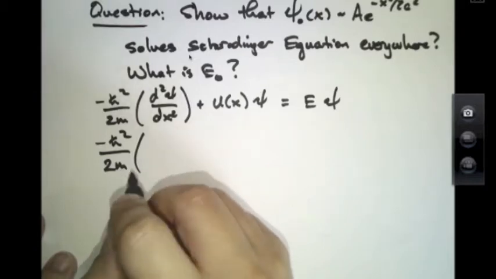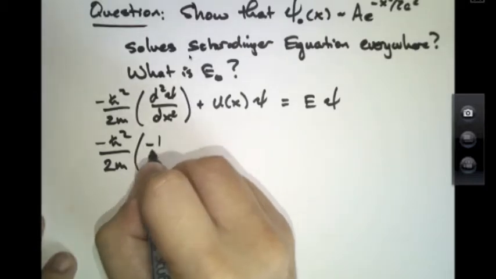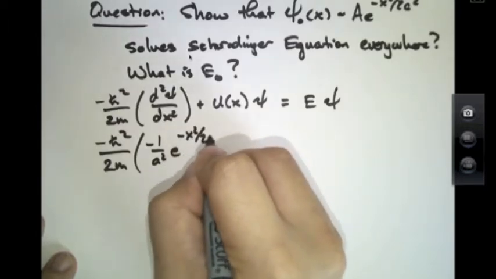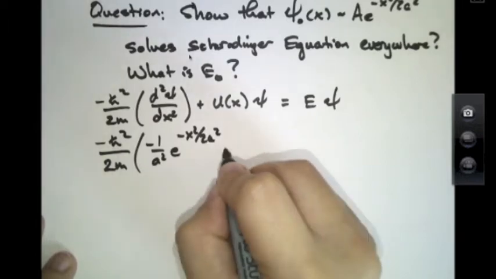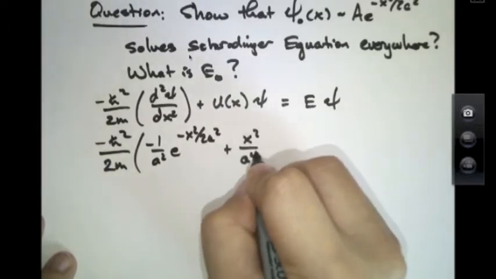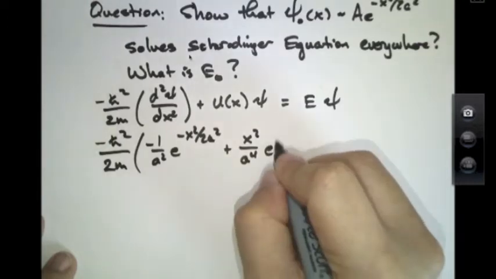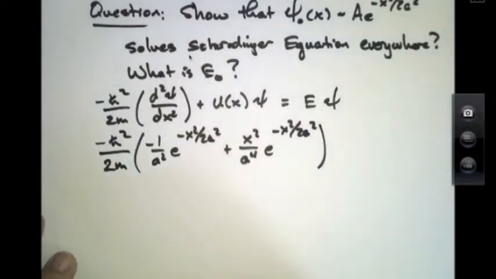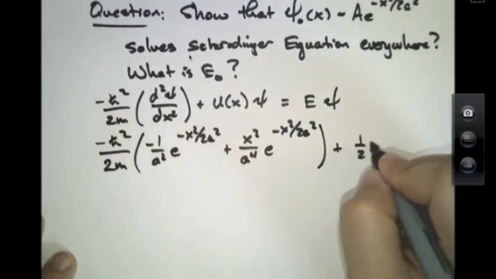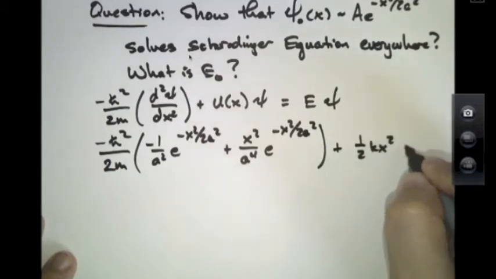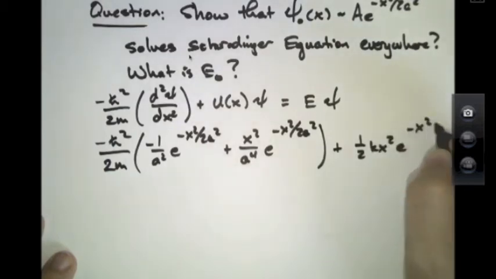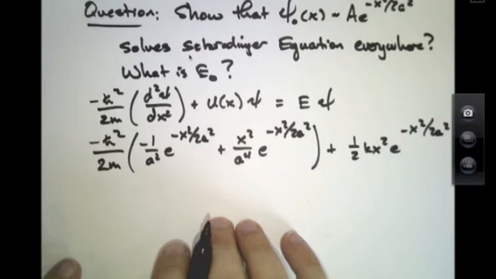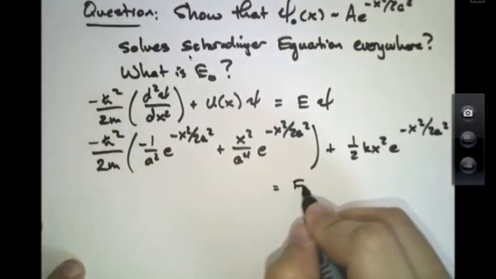Here in this parenthesis, we're going to put minus 1 over a squared e to the minus x squared over 2a squared, plus x squared over a to the fourth e to the minus x squared over 2a squared, plus 1/2 kx squared is the potential. All of that equals energy times psi.